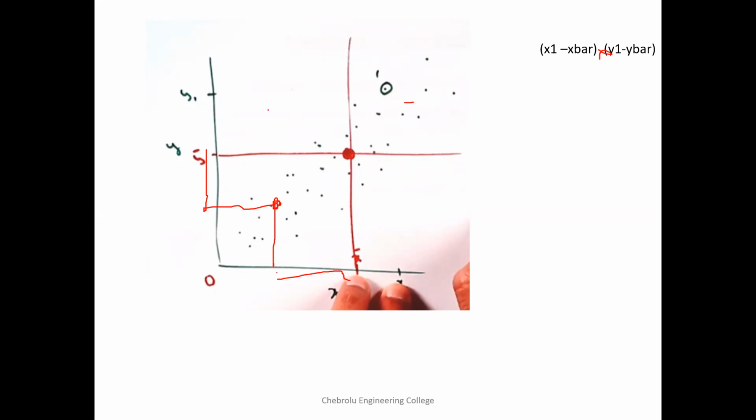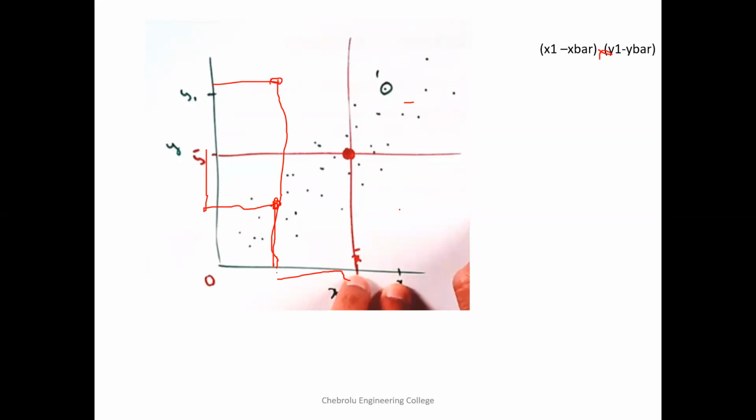And if you see the second or fourth quadrant, if you take a point here, my dear friends, x is negative and y is positive.